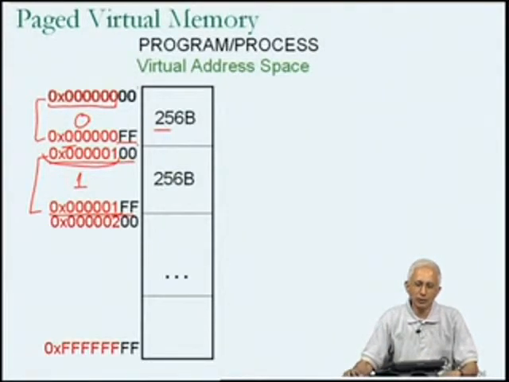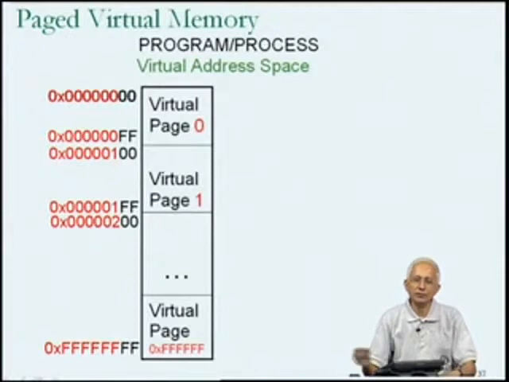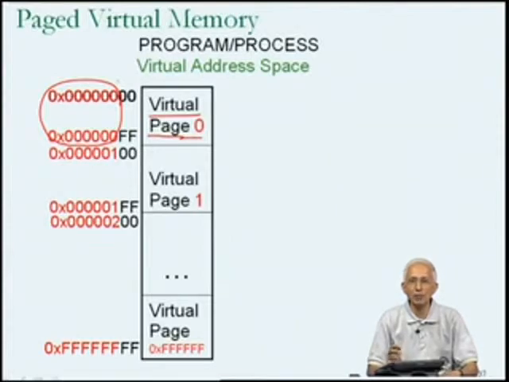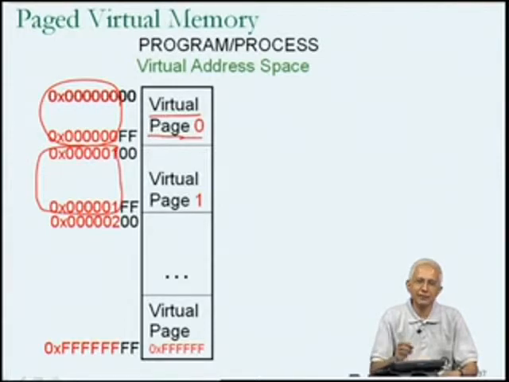And therefore, in short, I can refer to the first 256 bytes in memory as a page, and since this is the virtual address space, I can refer to those first 256 bytes as the virtual page 0. In other words, the virtual page in which all of the bytes have 0 as their common most significant bits. Similarly, virtual page 1 is the virtual page in which all of the bytes have in common their most significant address bits being 1, and so on.